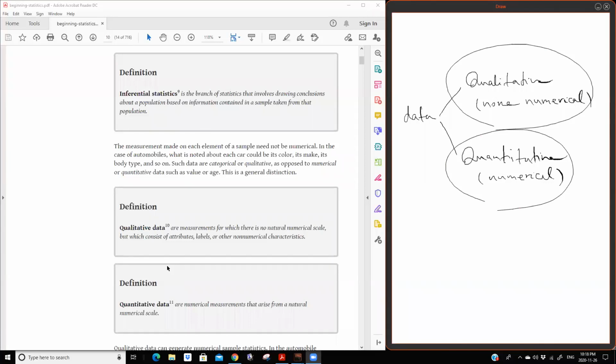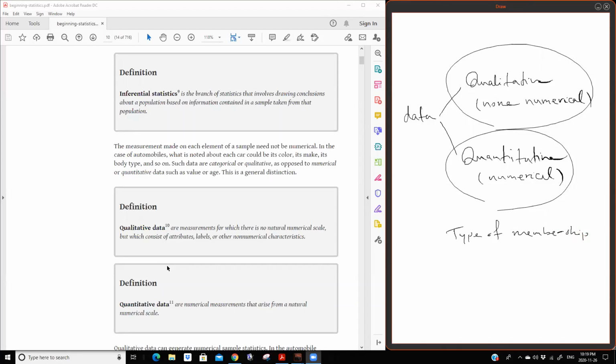But what is really important is that these are numbers for which you can do arithmetic. You can have some data that looks like numbers, but in reality it's qualitative. For example, type of membership.